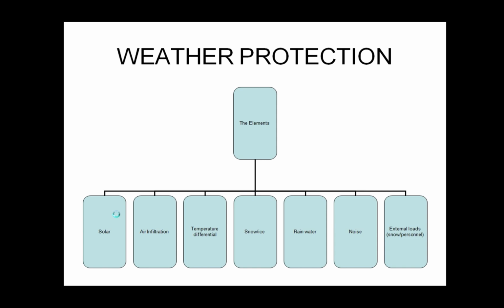You're protecting against extreme temperature differentials on the outside. You're trying to maintain a nice 68 degrees or 66 degrees, depending on what's most comfortable for the building setting and most energy efficient. You're protecting the interior and the exterior of your building from the buildup of snow and ice, the damaging effects of rainwater and water.